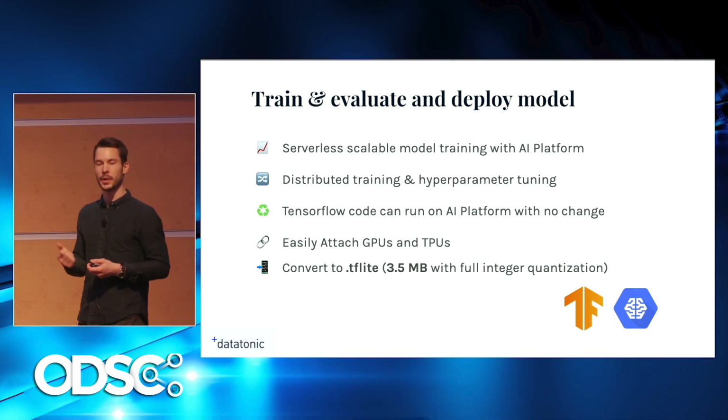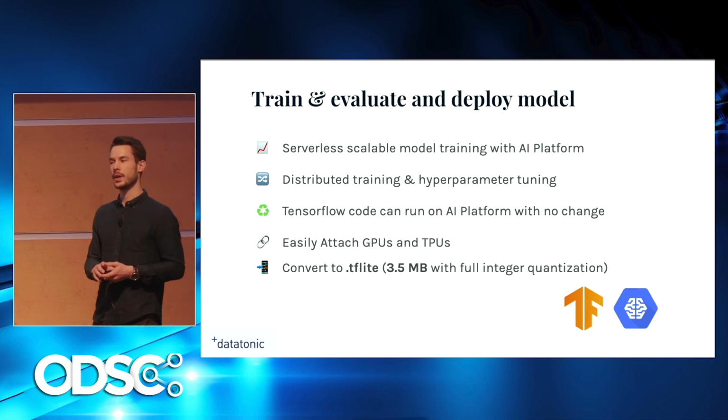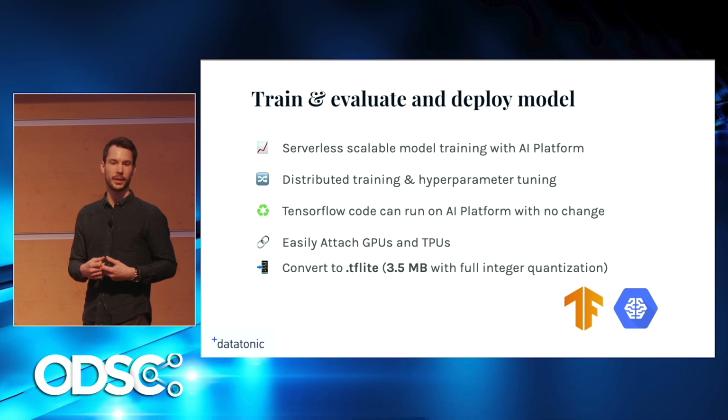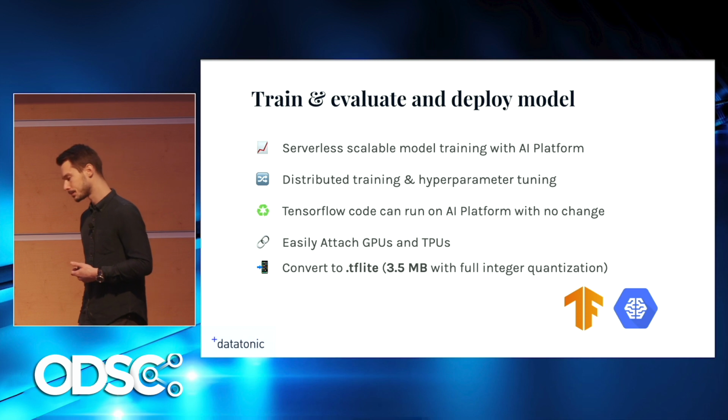And lastly, this is where the conversion to TensorFlow Lite happens. So after model training, we converted to TF Lite, and this is a portability layer TensorFlow built to enable models on devices. It could be phones, but it could also be a Raspberry Pi or an edge device, an IoT device, for example.